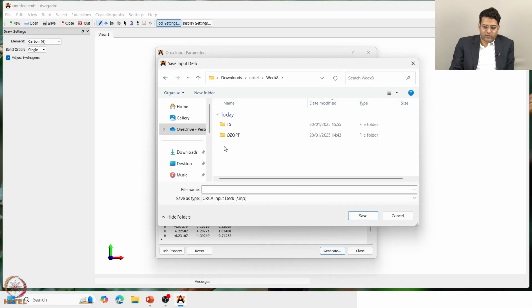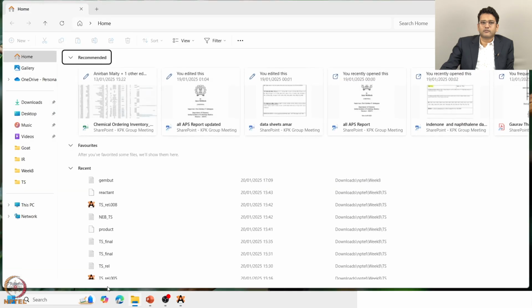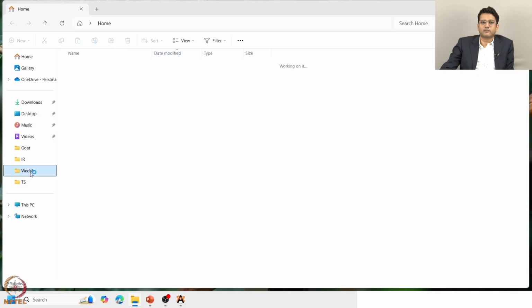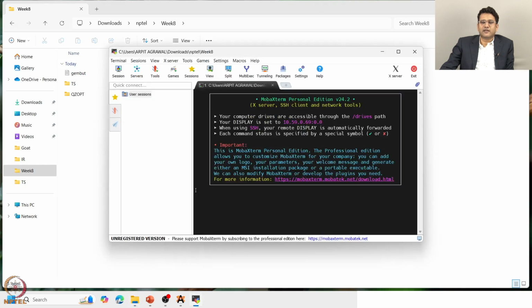So we can write it as compute here. Again, I'm opening with Molden extreme because we can see when the optimization is running.